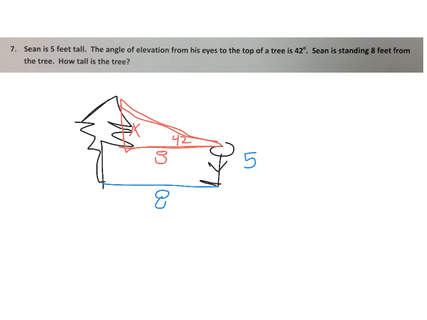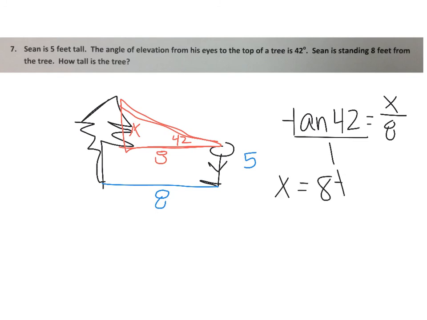This is a SOHCAHTOA problem. X is our opposite, 8 is our adjacent. So we're going to use tangent of 42 degrees is equal to X over 8. We cross multiply, and X is equal to 8 tangent of 42.